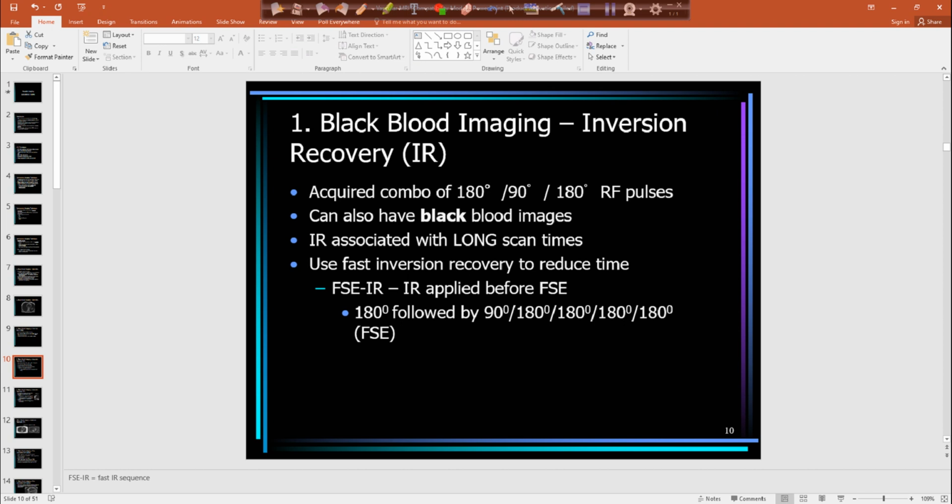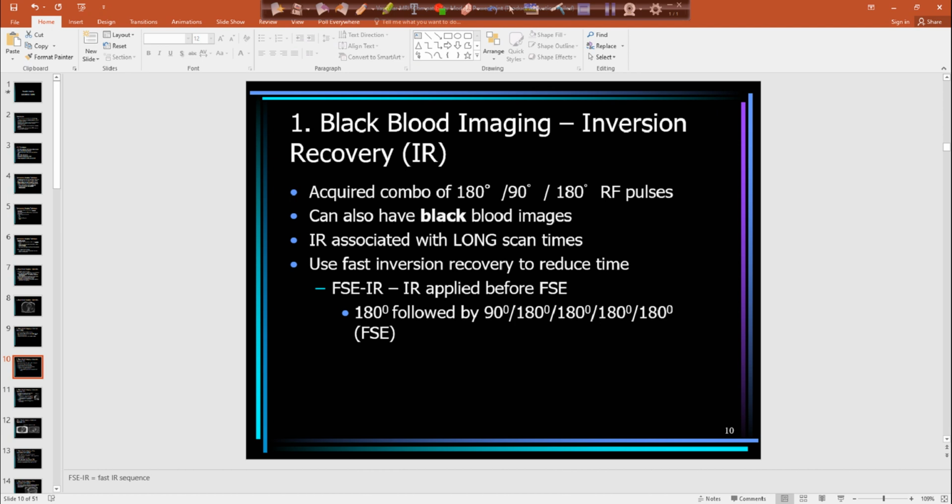So this is just talking about how inversion recovery is once again black blood imaging. Inversion recoveries used to be a 180, 90, 180, but this was a very slow pulse sequence. So what they combined our inversion recovery with was a fast spin echo. And now we have a train of 180s after that 90-degree excitation pulse. So you start with an inversion pulse, 180, 90, and then a train of 180s, but we still get black blood imaging.